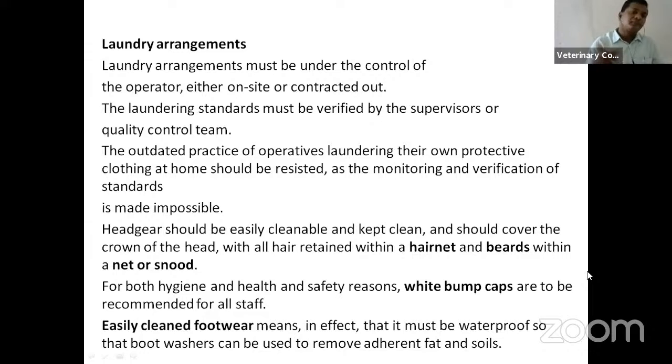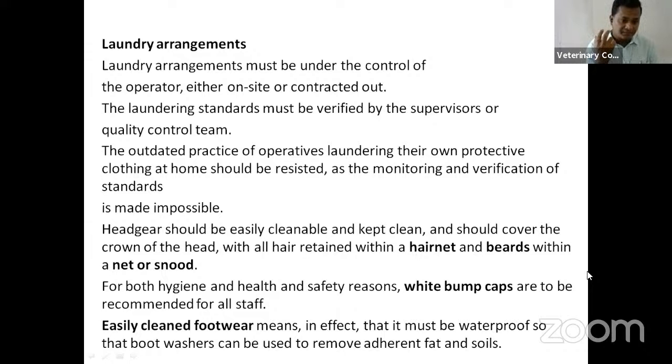It should be given to a centralized laundry, where they ensure that uniformly all the removed apparel is washed, hygienically prepared, and kept ready for next day's use or next shift use by other people. Especially hair nets, the covers, the beard covers, the nets, they should be taken care of.